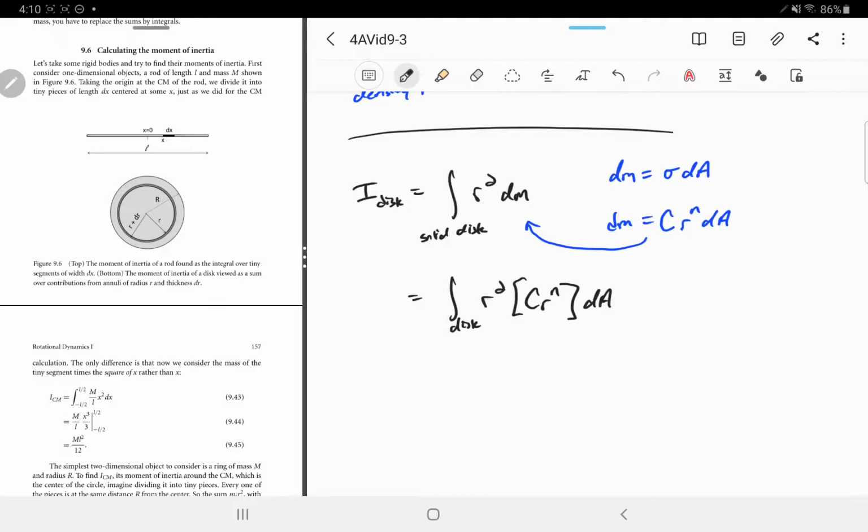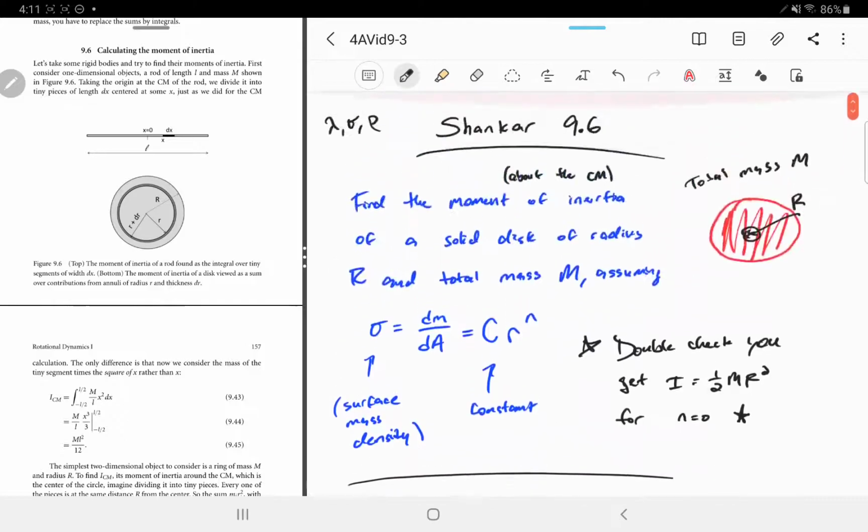But now how are we going to parameterize the area? You'll notice that sigma is a function only of r.